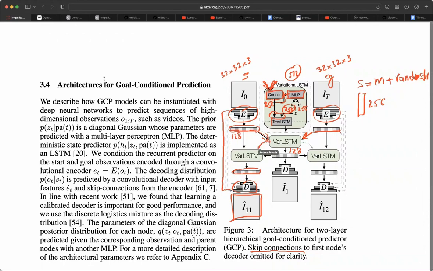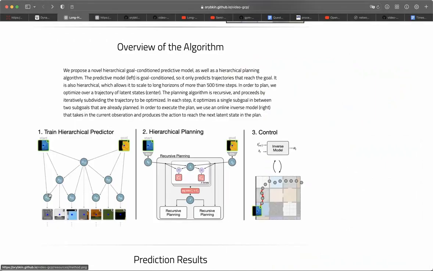Also, we have skip connections from LSTM, and most probably we also have a multi-layer perceptron on these connections, but the exact implementation remains slightly unclear. And then we recursively repeat this process until we come to a sequence of intermediate states.